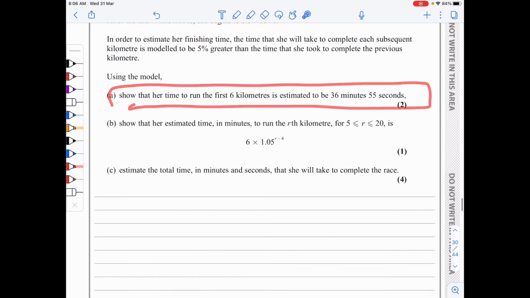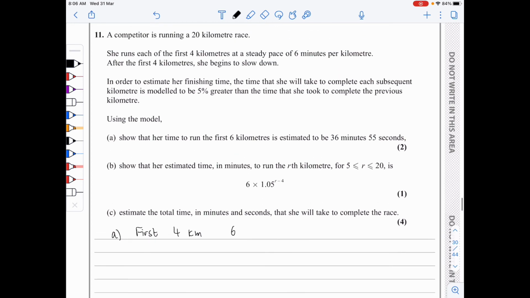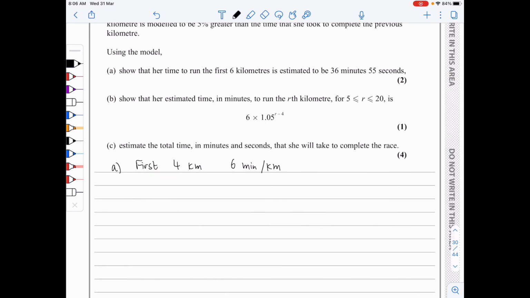So I could actually come up with a table here. First of all, we know that the first 4 kilometers are at 6 minutes per kilometer. And we've got a sequence evolving from the 5th kilometer onwards.